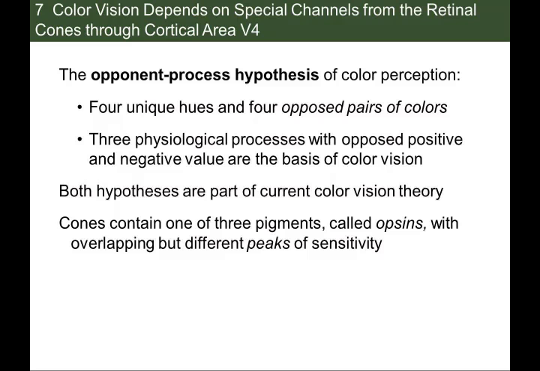The cones by themselves are not color detectors. It's the relative activity of these 3 cones that tells you about the color. So I don't want to make it sound like activation of the middle cone means you'll always see green. It's what's going on in the 3 different cones, their average activations, that tells you what color you're seeing. Okay?